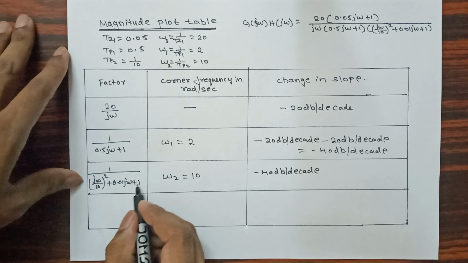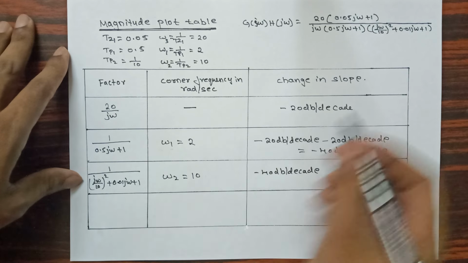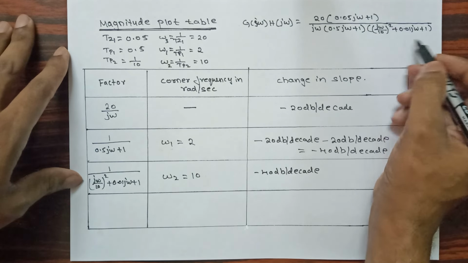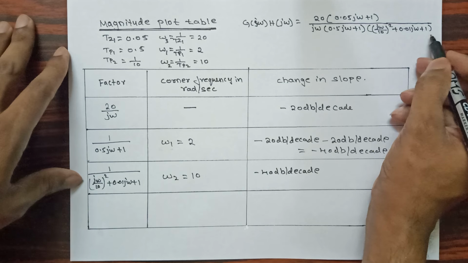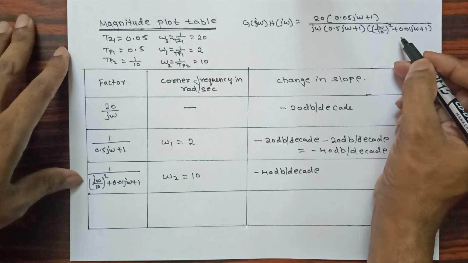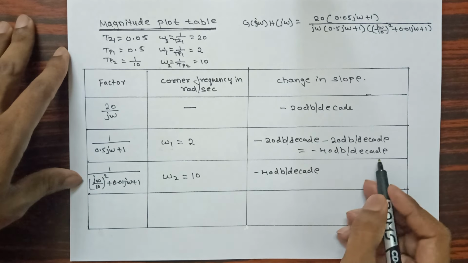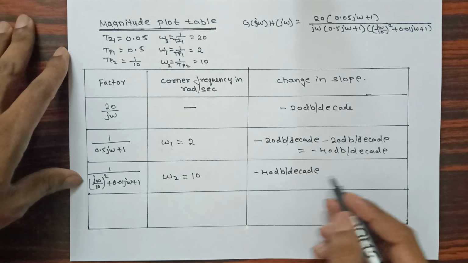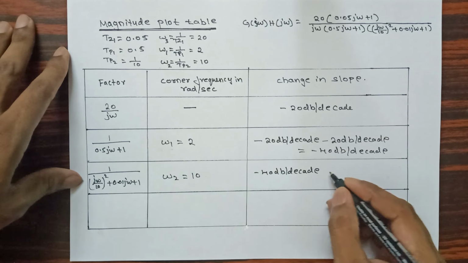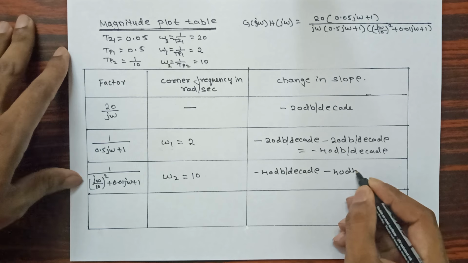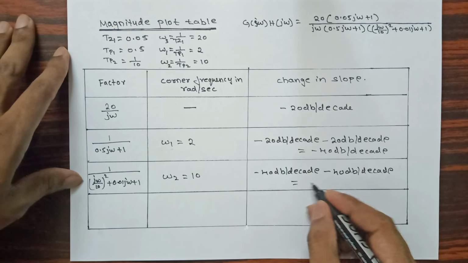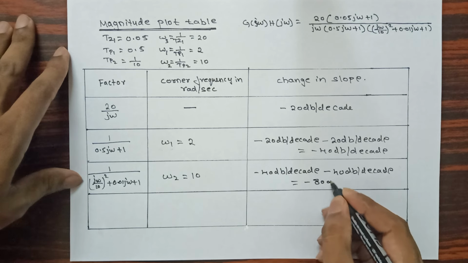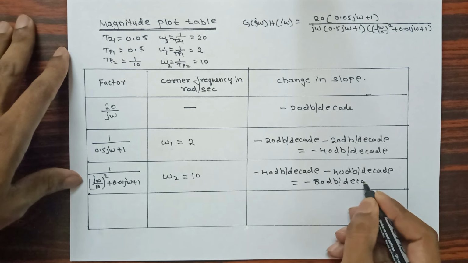And for this term the slope, as I said, it is a denominator term, that is a pole term, but it is in quadratic form. From this I am going to get 2 root values. Therefore for this term I am going to consider minus 40 dB. So here I have written first the previous slope, and then now for this term, that is minus 40 dB per decade. So the total change in slope is minus 80 dB per decade.